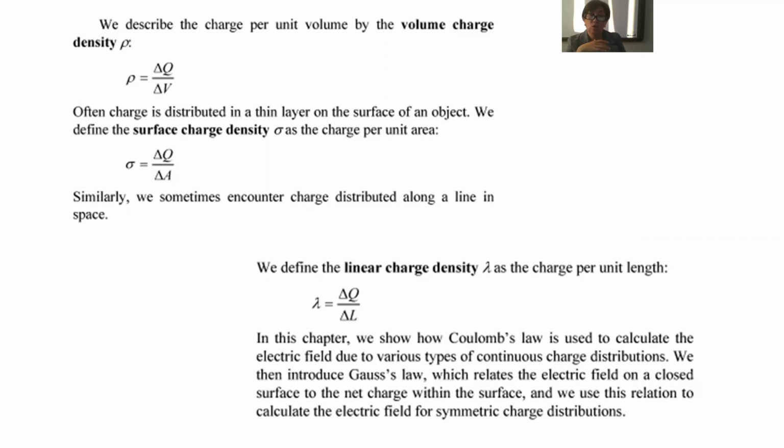Often charge is distributed in a layer on the surface of an object. We define the surface charge density sigma as the charge per unit area, delta Q divided by delta A. The unit of area is the square meter. We sometimes encounter charge distributed along a line in space.